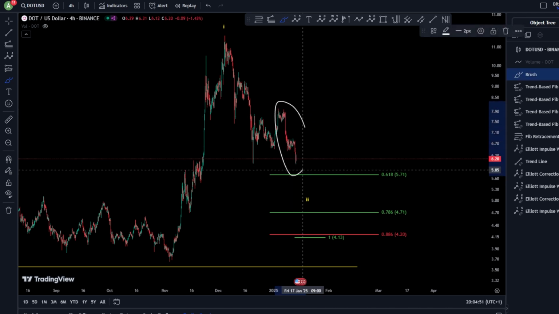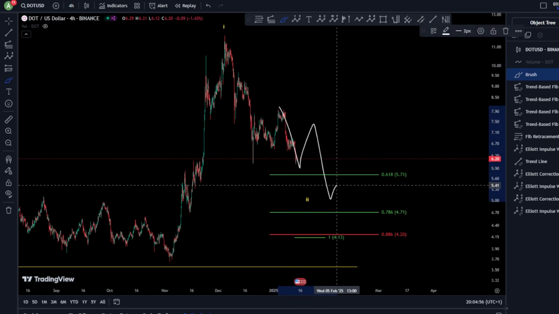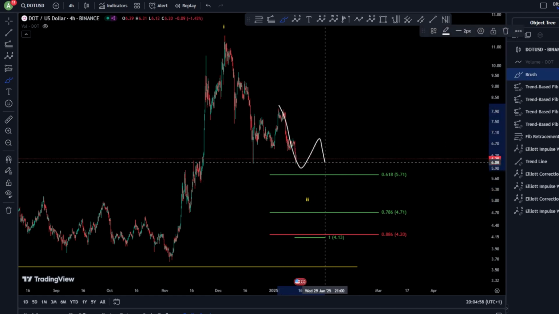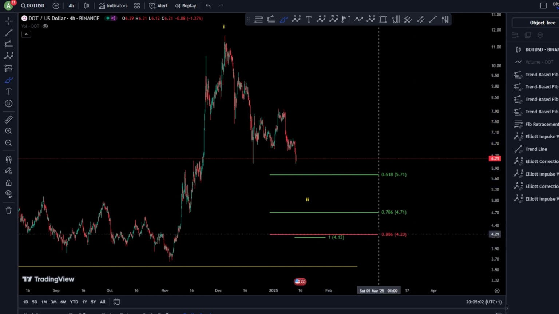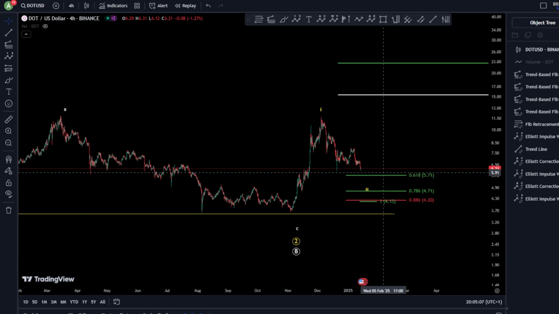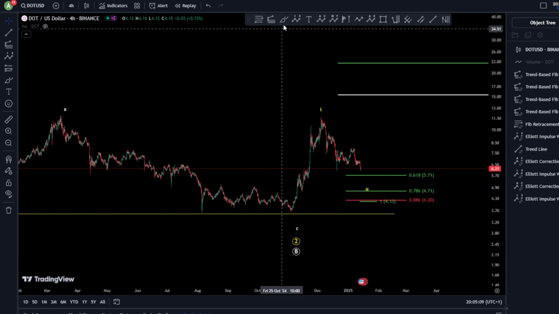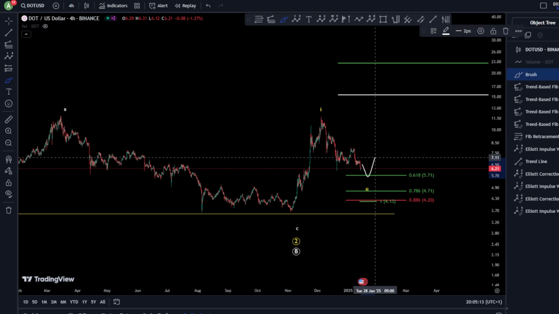And by the way, it looks almost finished, unless this transforms into a 1, 2, 3, 4, 5 ending diagonal that would hit perfectly in the fib levels without reaching the 886, right? Everything is possible. So of course, these are the possibilities. Everything is there. So we're going to see what happens, of course, if we get lower prices.